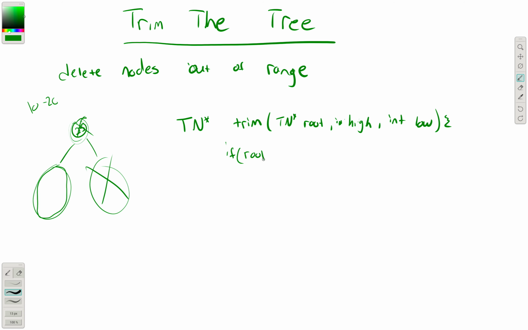If the root value is greater than the high value, what we can do is not just return the root's left side, we can return a trimmed version of the root's left side, and then keep passing high and low, just like that. So if the value is higher than the highest, then we can return a trimmed version of that.